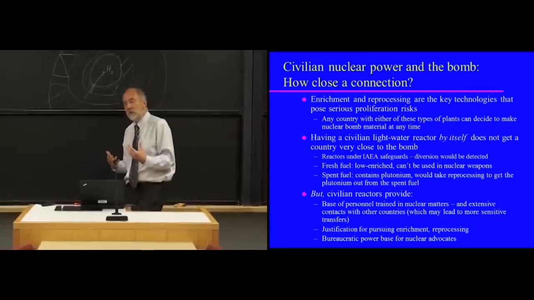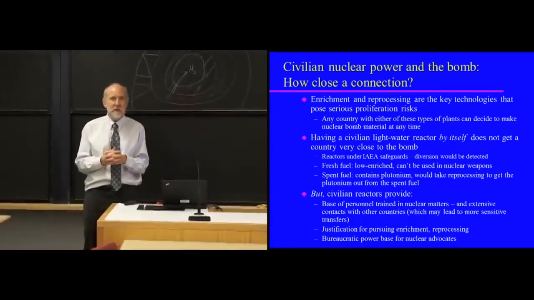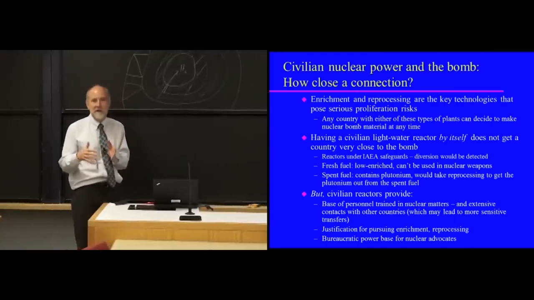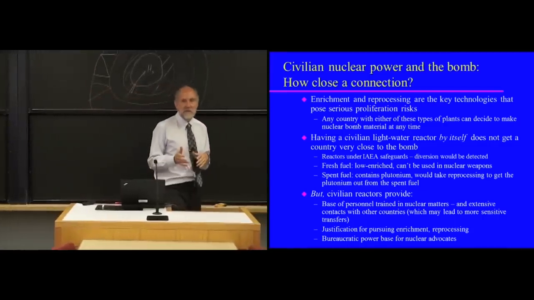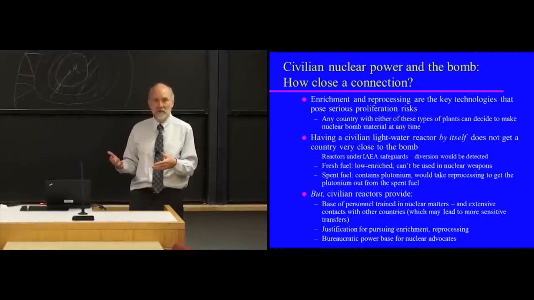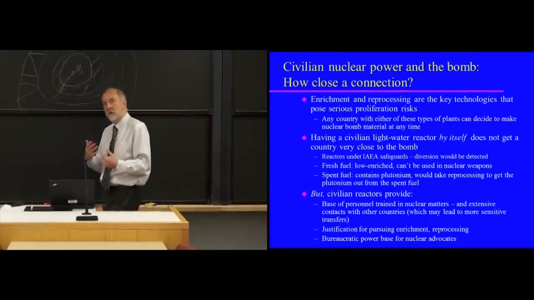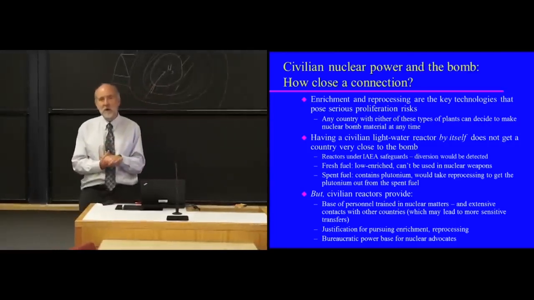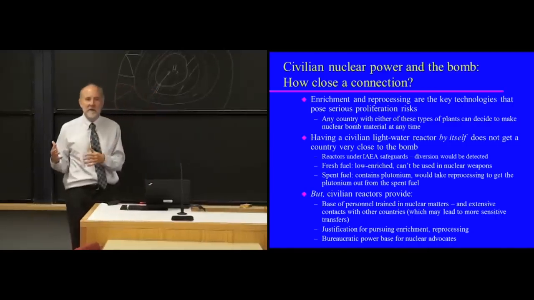So the official IAEA significant quantity numbers are 25 kilograms of U-235 contained in highly enriched uranium, or 8 kilograms of plutonium. Given that the Nagasaki bomb was about 6 kilograms of plutonium, and that, as we talked about, implosion devices have been developed that are more efficient than that original solid core device, bombs can be made with less than the IAEA significant quantity number.